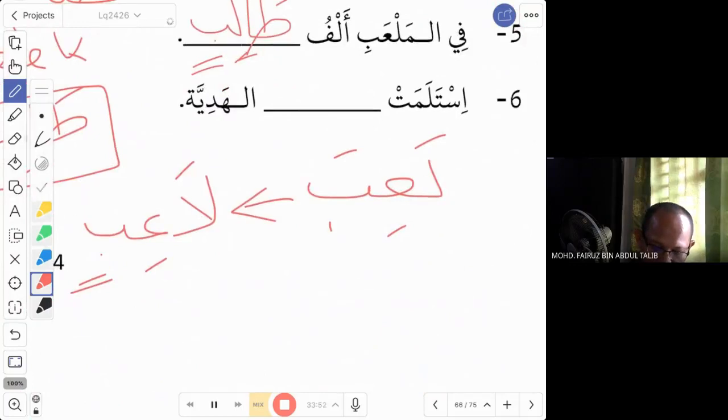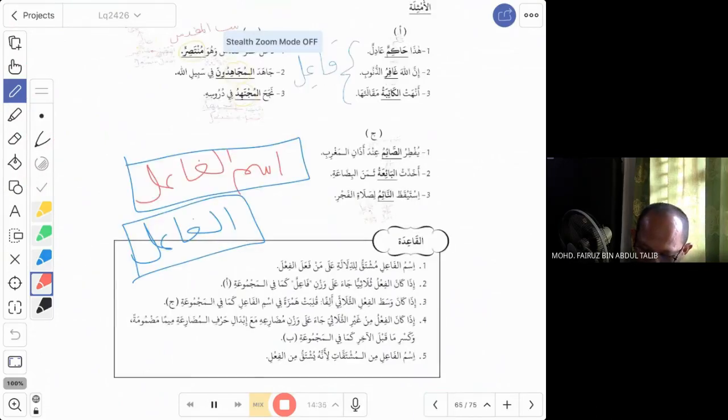If you want to say the one who won the tournament or the competition, we don't use the word muntasir. We use another word. We use the word faiz. But if you still want to use the word muntasir, yes, it is correct.